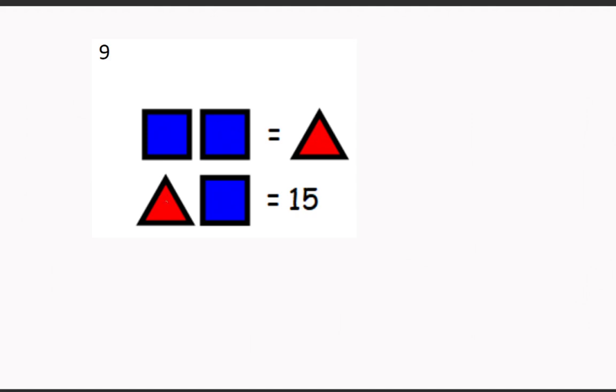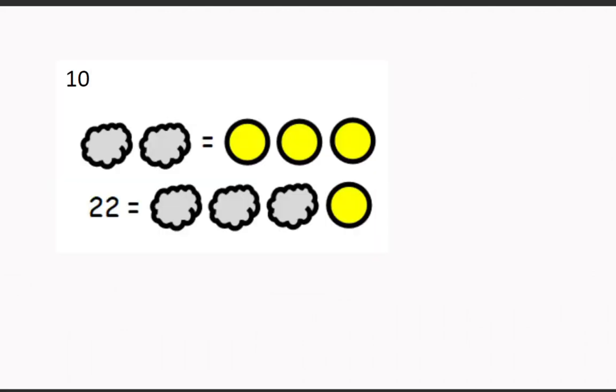So instead of this triangle here, we know it's the same as 2 squares. So if we replace that with 2 squares, we can see that 3 squares makes 15. So each square must be 5, okay? And that means that the triangle must be 10. So it all works out.